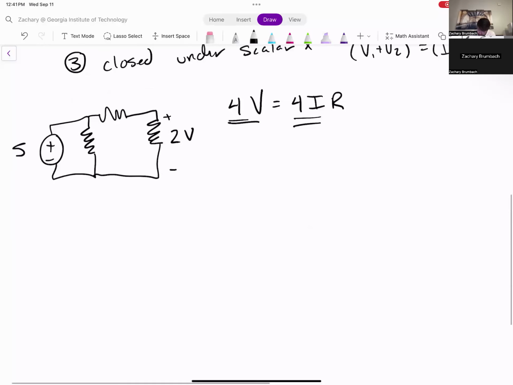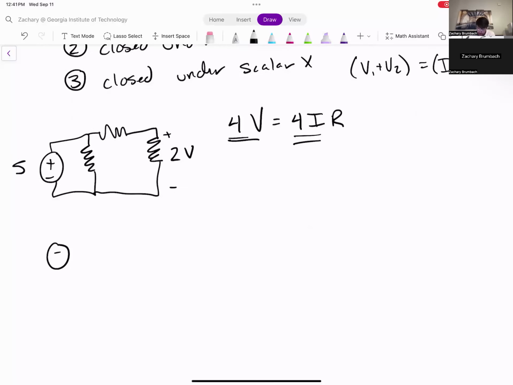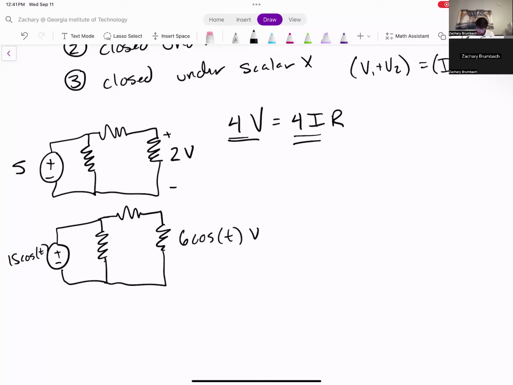And if instead I were to supply this with something a little more typical, like something we haven't talked about yet but will get to, for instance, 15 volts with a time-dependent component, 15 times cosine, we're getting a sinusoid voltage here. And we have the same circuit, and here, instead, we got 6 cosine of t volts.